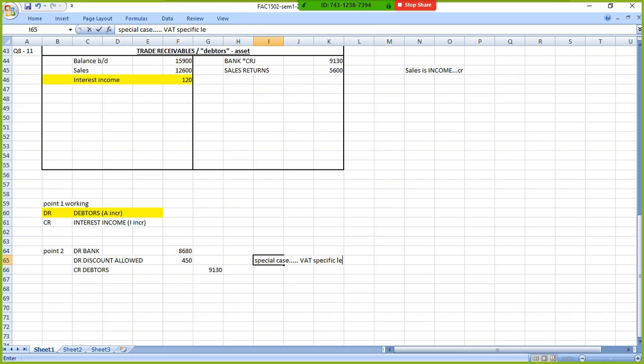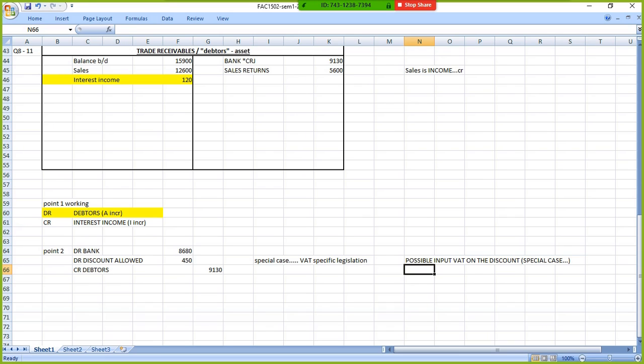For discount allowed, you can have VAT. Discount allowed would be treated as an expense, so you could potentially have input VAT. Possible input VAT on the discount, but it's a special case.